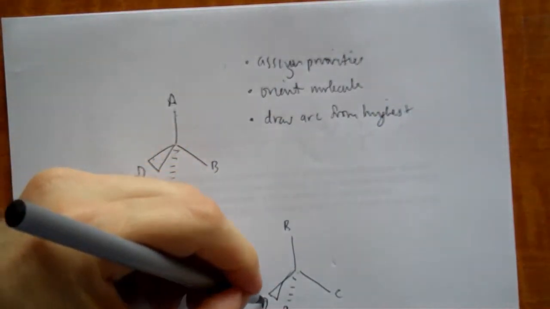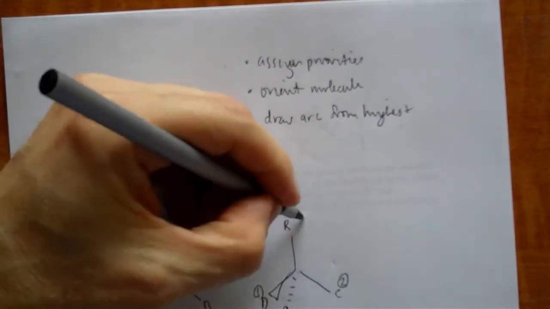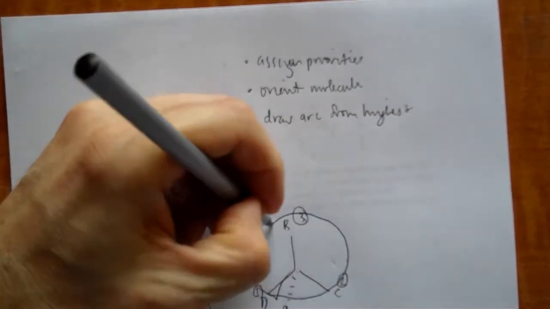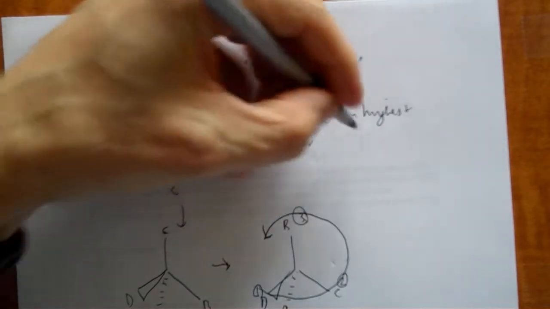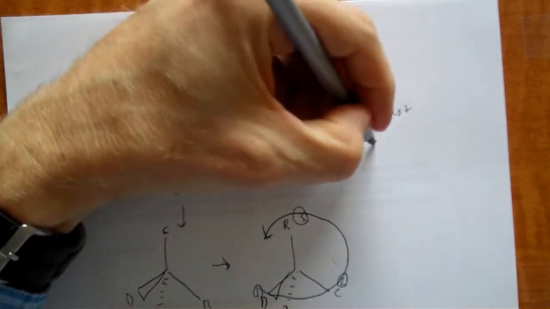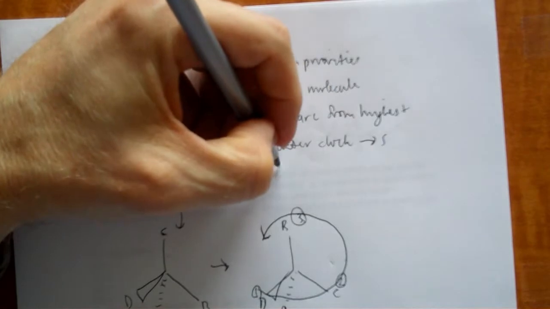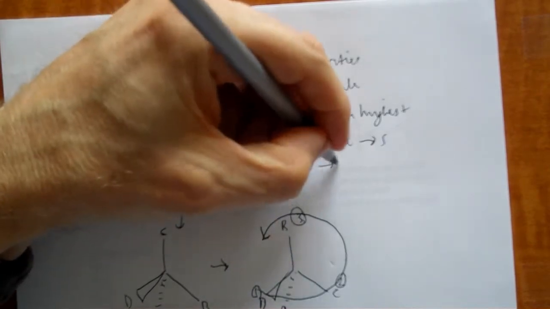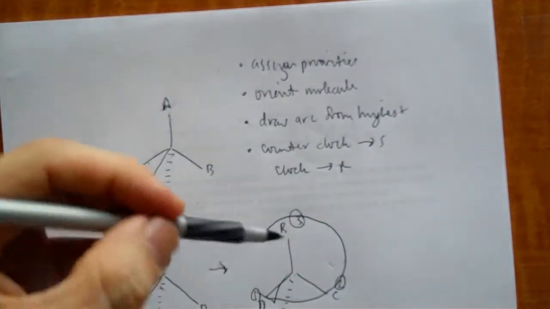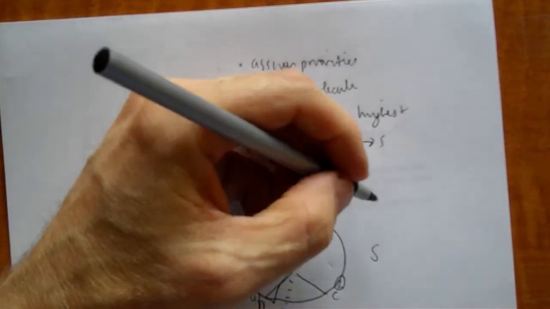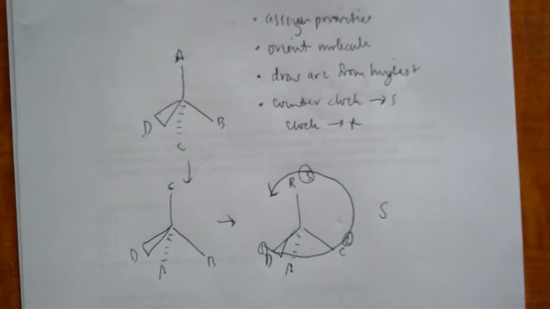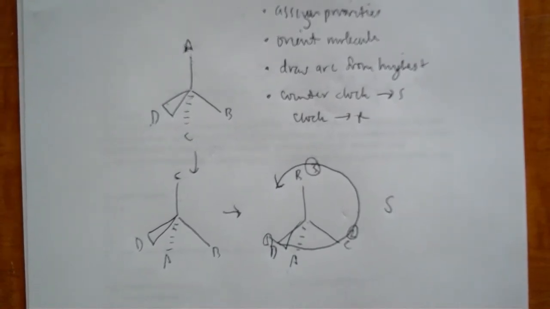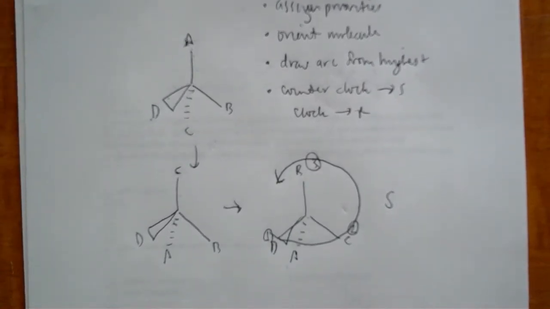Okay, this is 1, 2, and 3. Counterclockwise is S. Clockwise is R. Okay, so since I went counterclockwise, this is S. All right. So that's how we assign the orientation of this enantiomer, and let's name one now.